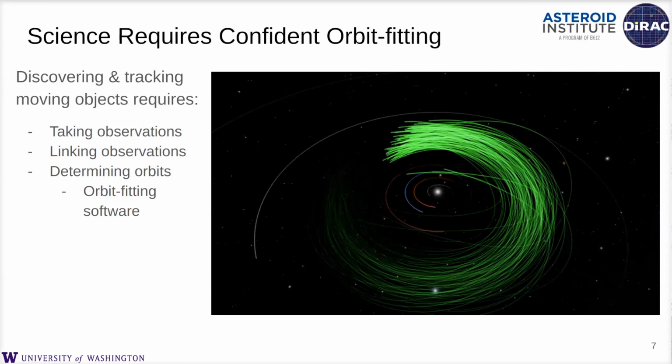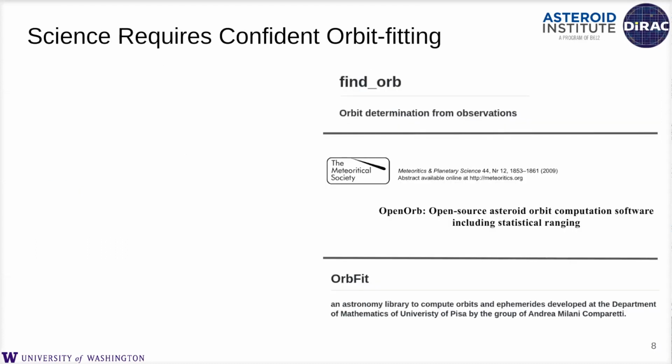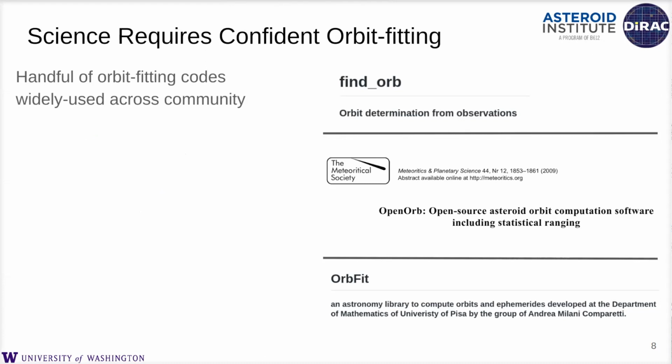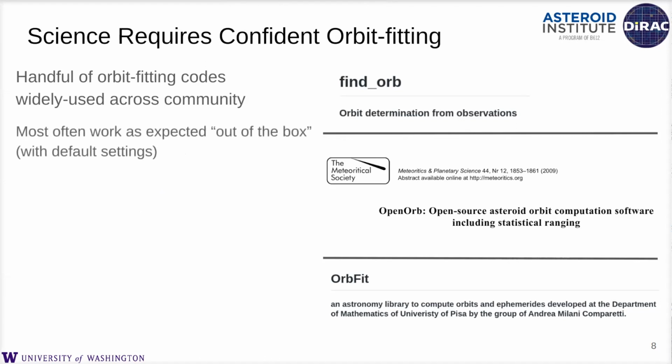Next slide. There are a number of orbit fitting software packages currently available and widely used across the solar system science community. The three most commonly used ones are on the right-hand side here. These all generally work really well. Most of them work as we would expect straight out of the box, using their default configuration settings.